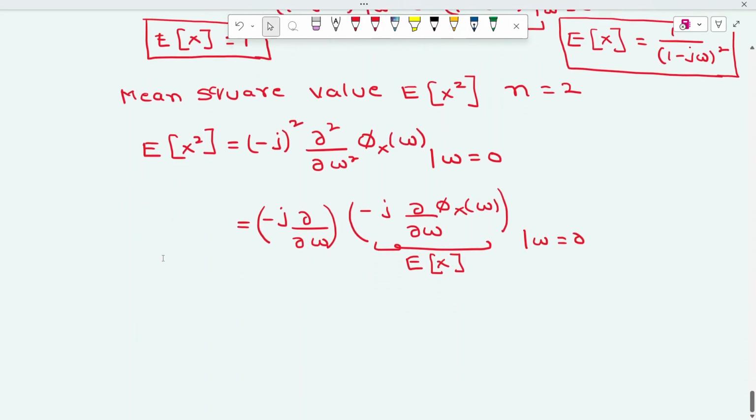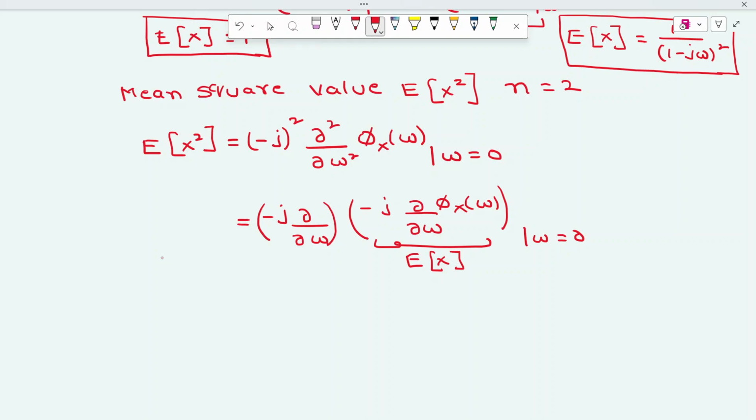Rather than differentiating again, I can use minus j dou by dou omega into 1 by (1 minus j omega) whole square. After differentiation, we will substitute omega is equal to 0.